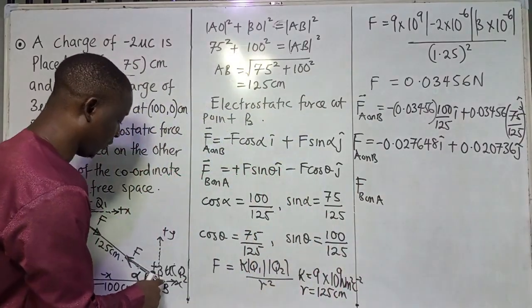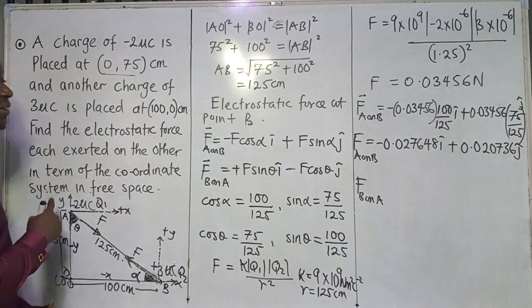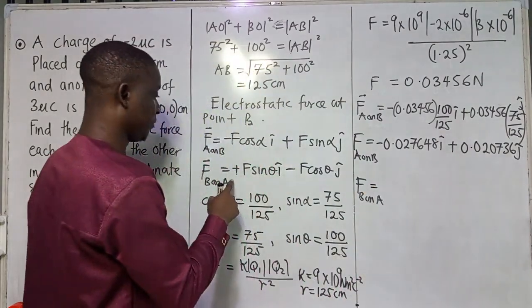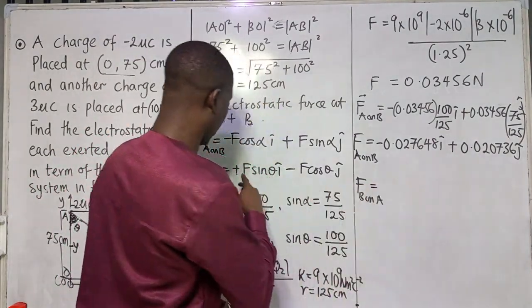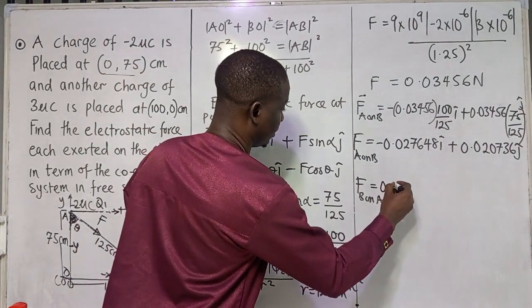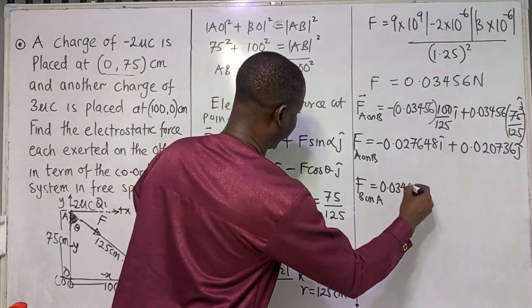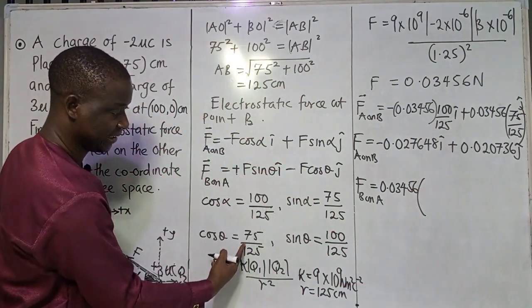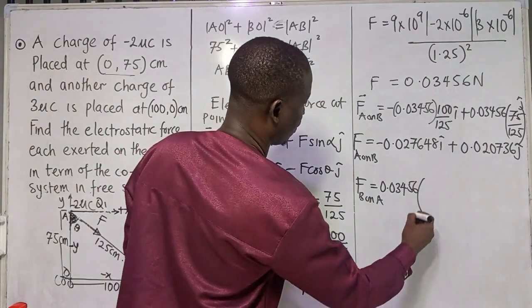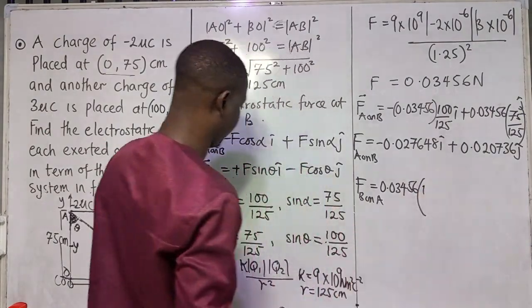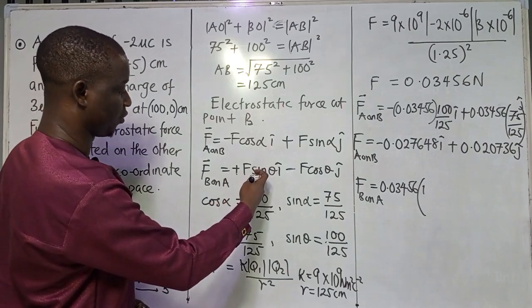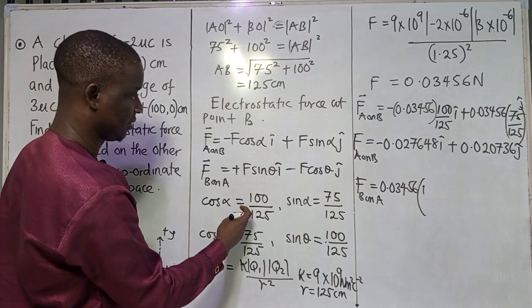The force of B on A will now be this. I want to have our 0 plus now this 0.03456, open bracket. What is sine theta? Sine theta is 100, don't forget. See, you are looking at this one now. The one we have solved for is this.